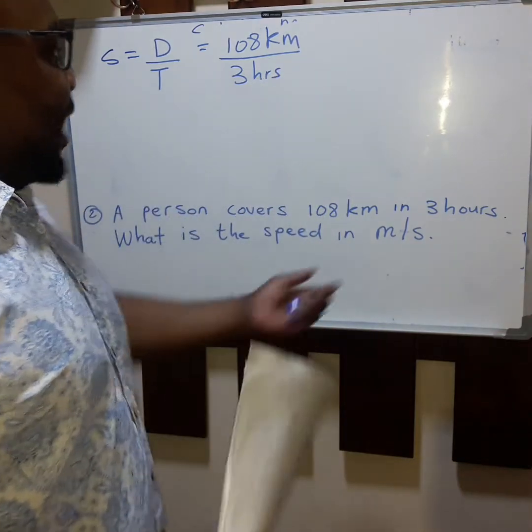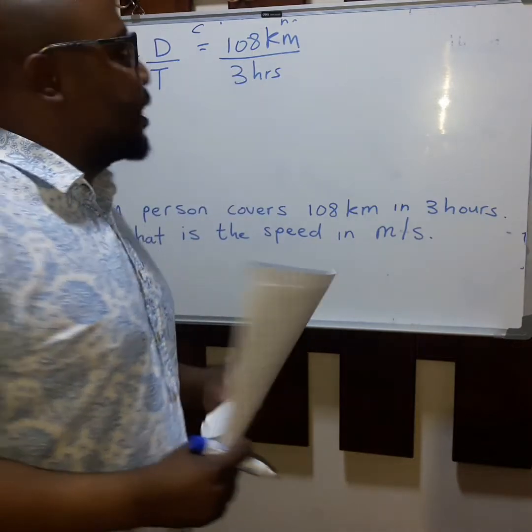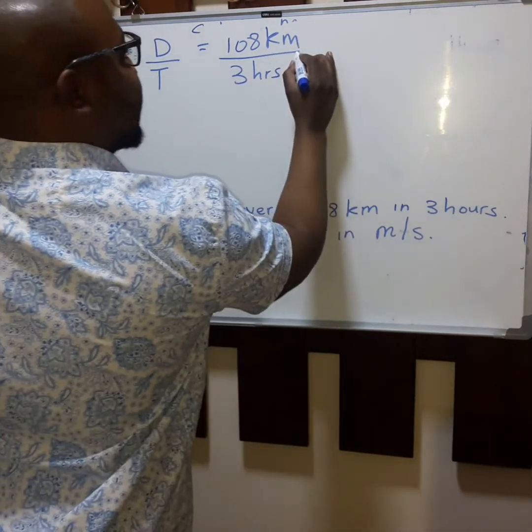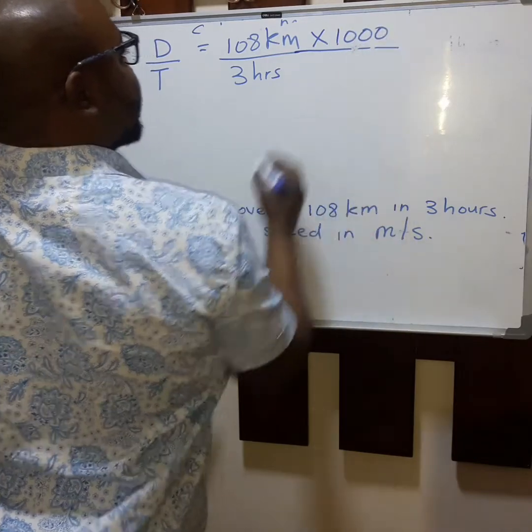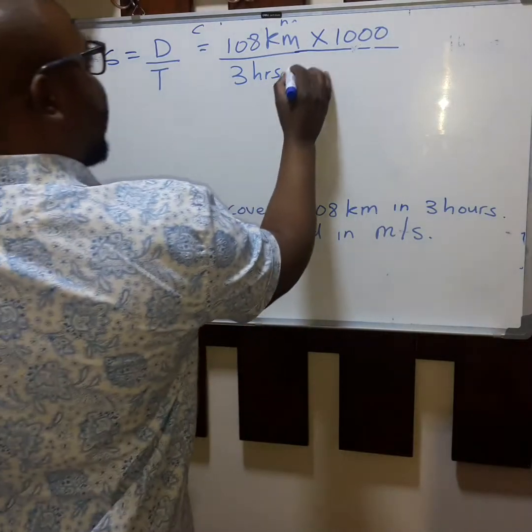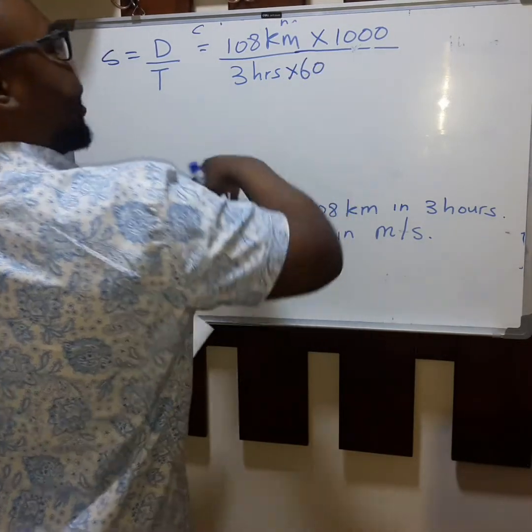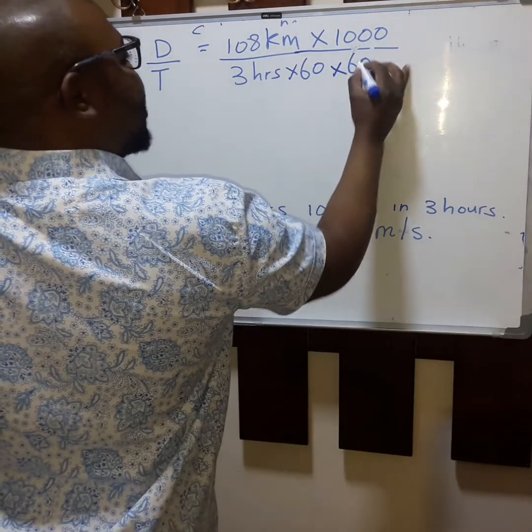But they want their answer in meters per second. I have to convert kilometers to meters, so I need to multiply by 1,000. I also need to convert hours to seconds. I have to multiply by 60 to convert to minutes. I have to also multiply by 60 to convert to seconds.